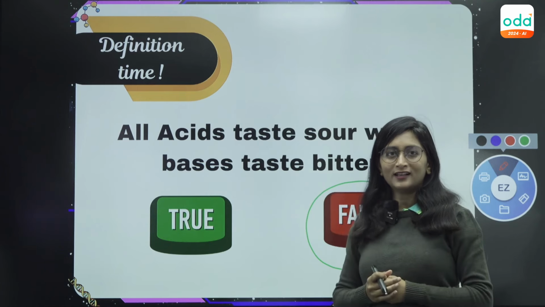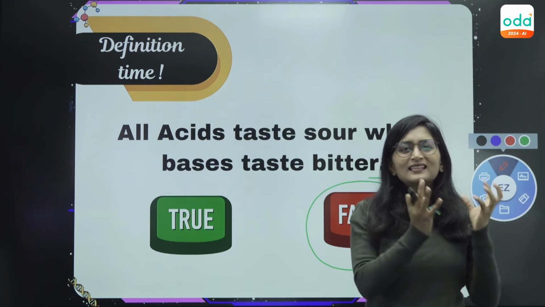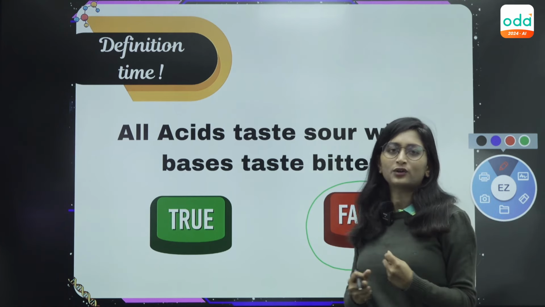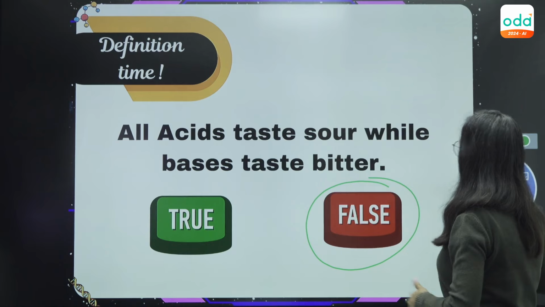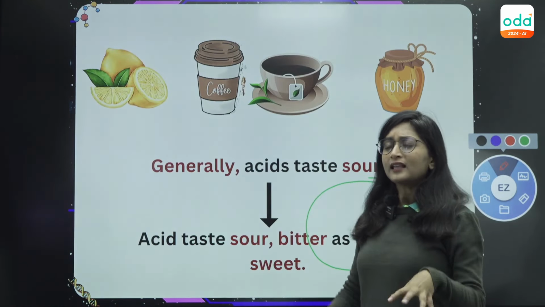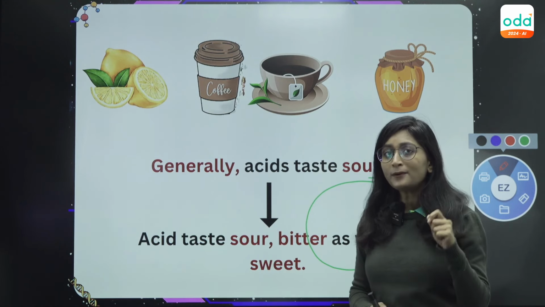Why so? Because here we are not only justifying the characteristic of the taste. We also have to look at the scientific reason behind that. Now, coming to the next one: if not all acids, then how are we going to give the property of the acid?